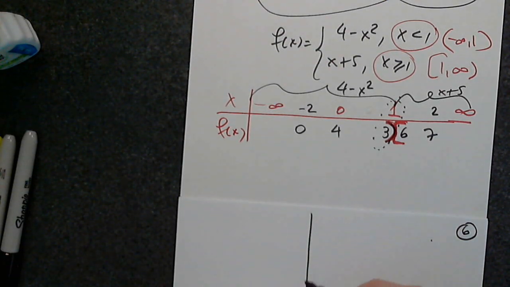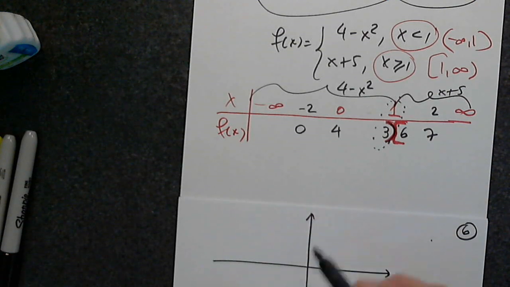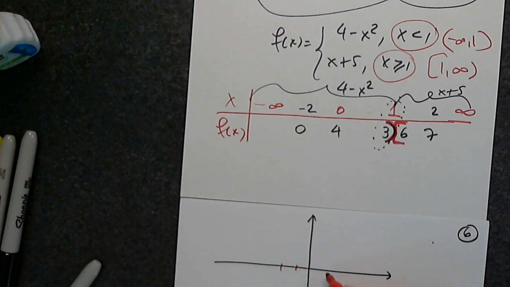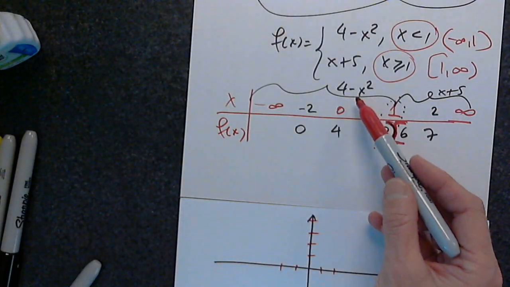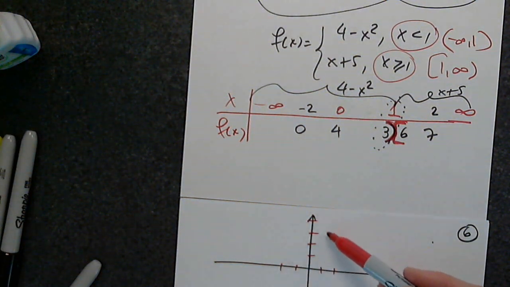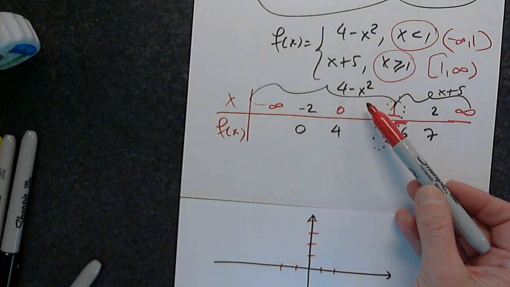So then, I know one more time that this graph should look like this. 1, 2, 3, 4. This part should look like this, right? 4 minus x squared.